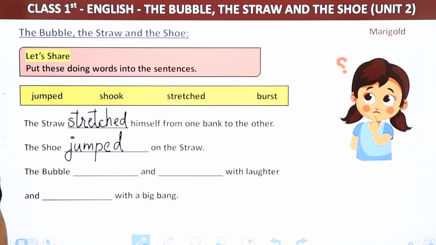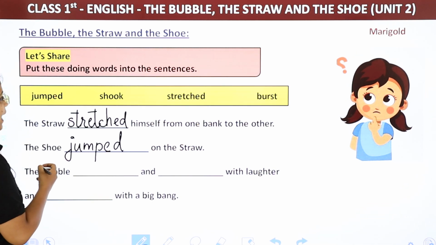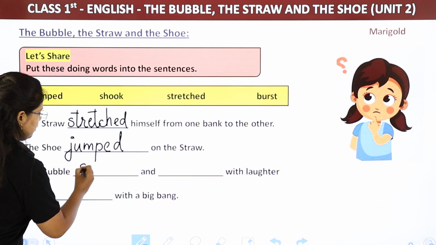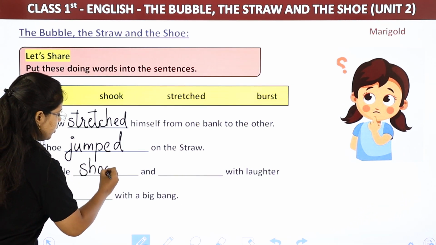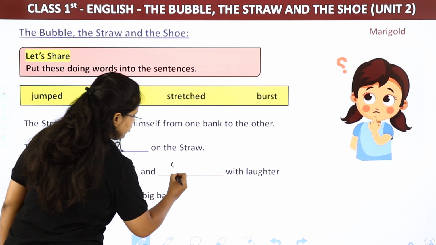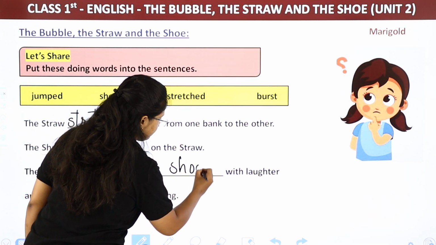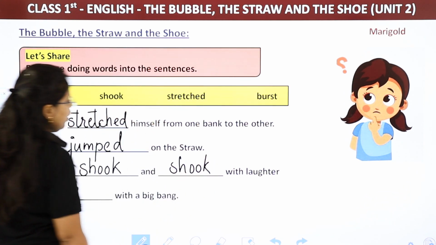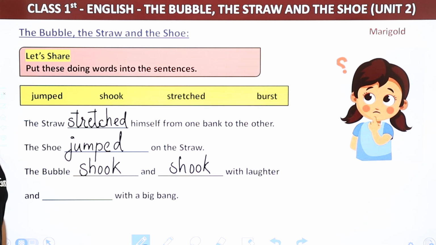The bubble shook and shook with laughter and burst with a big bang. Bubble हंसते हुए क्या कर रहा था? He shook and shook, है ना? The bubble shook and shook with laughter and फूट गया. What is फूट गया?